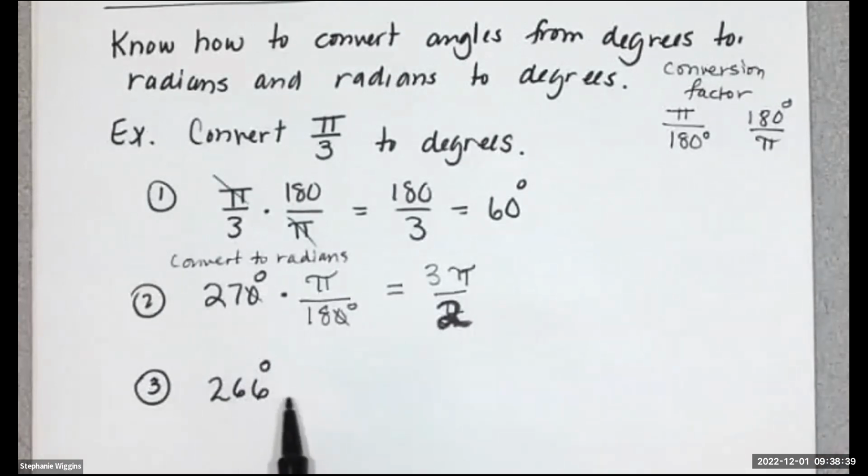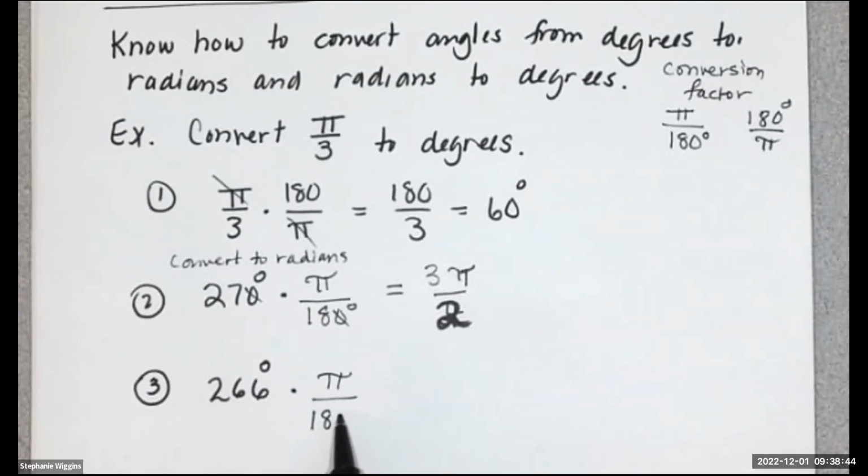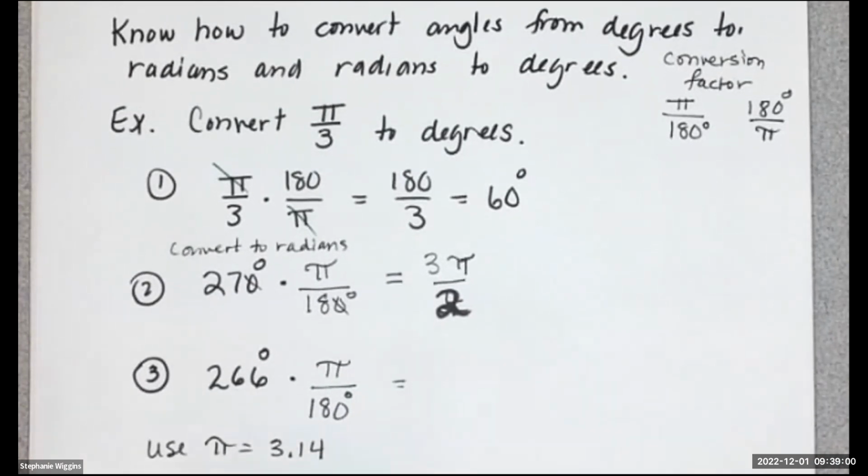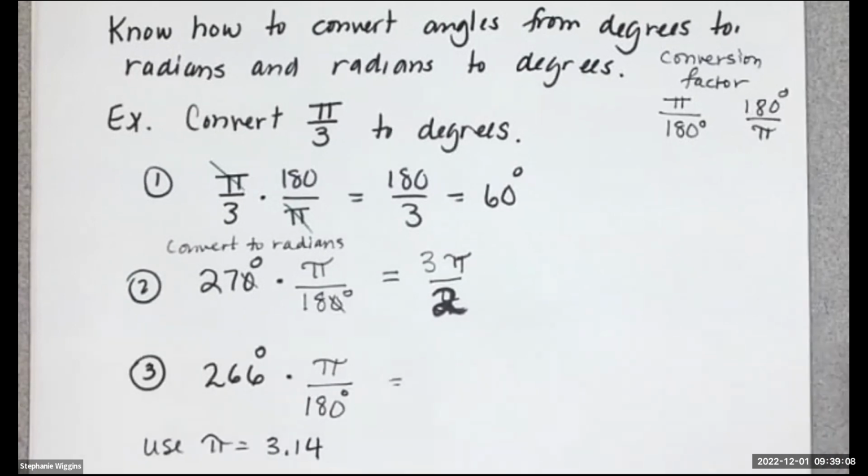Well, the degrees are in the numerator, so you're going to multiply by pi over 180, and you can reduce this fraction, but sometimes it'll say use pi equal to 3.14 or something to that. Or I think it's 3.1416 is what they'll say, if I remember correctly. Let me check pi real quick. Calculator.